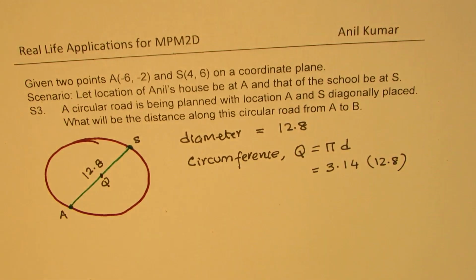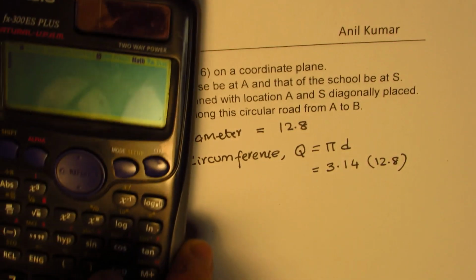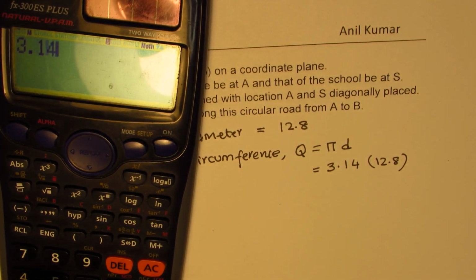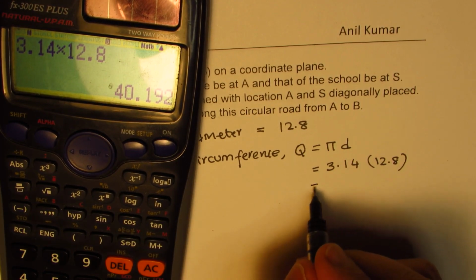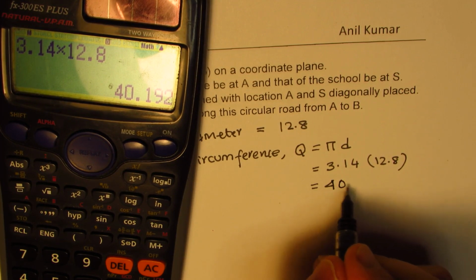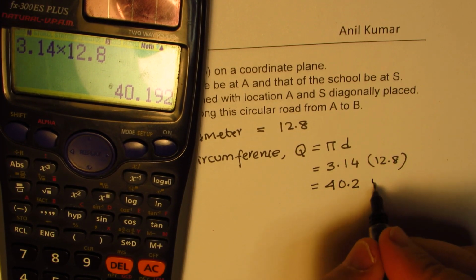Correct. So let's use this approximate value. So we get 3.14 times 12.8, and that is in decimals around 40.2 units.